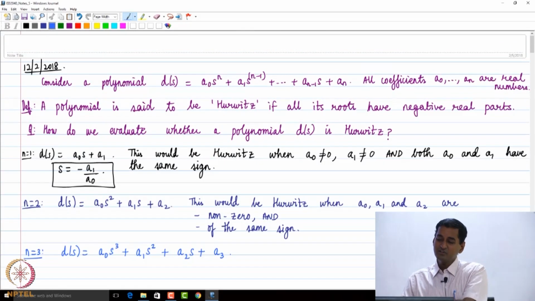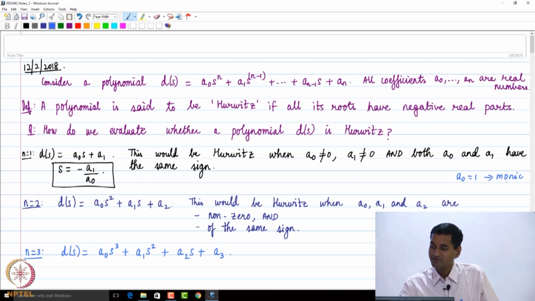In any general nth order polynomial, if the coefficient a0 is 1, that's called a monic polynomial. That means the coefficient of the highest order term is 1. Anyway, that's just for your information.